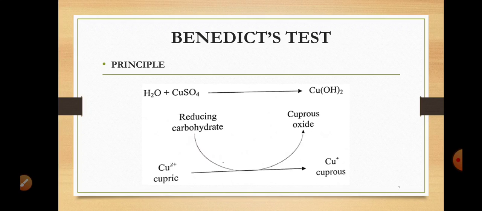So this test is carried out to identify reducing sugars. Alkaline medium is provided by sodium carbonate and sodium citrate, which are used to keep the cupric hydroxide in solution form and prevent precipitation.